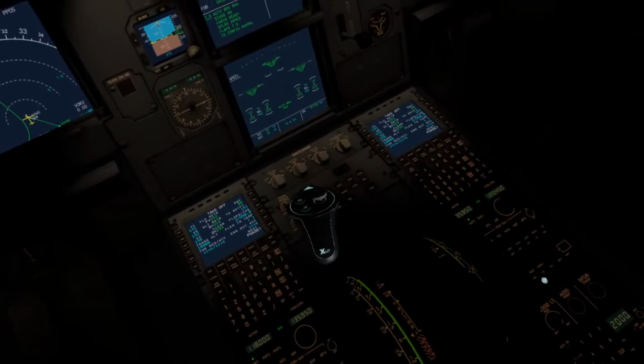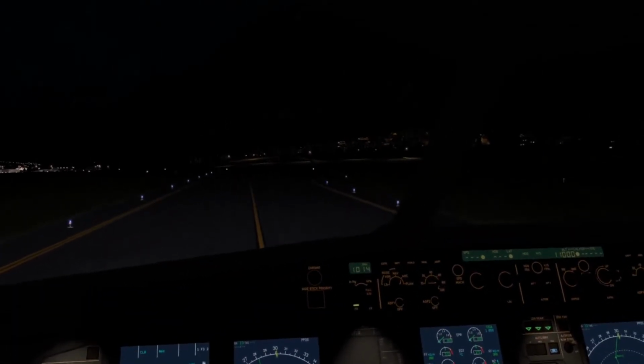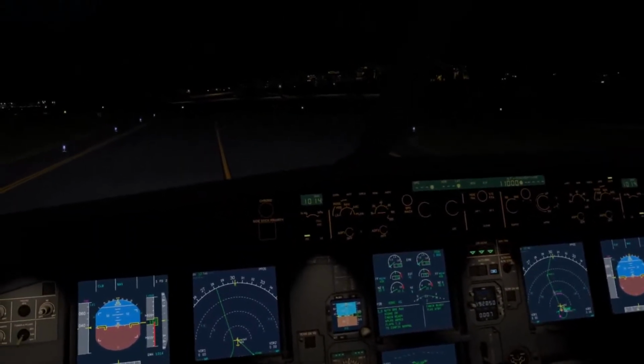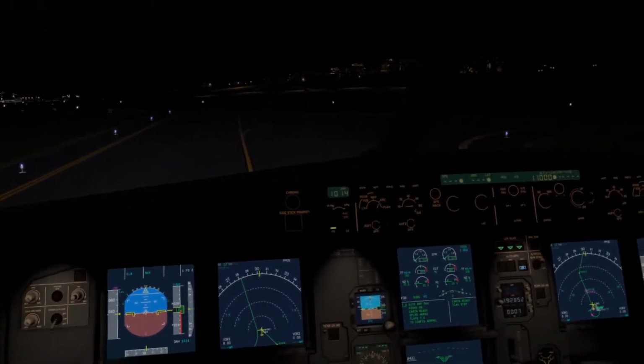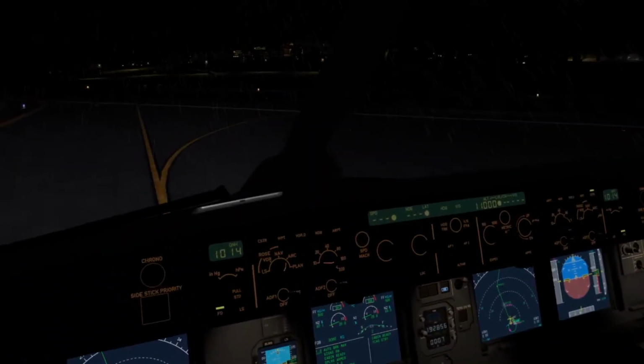I can test this as well. It's probably the first time that we fly in bad weather today on the stream, which is pretty good, because this means that there's going to be a lot of wind and other factors.